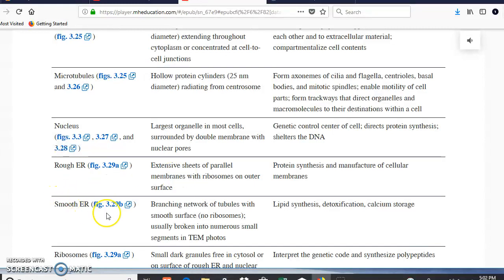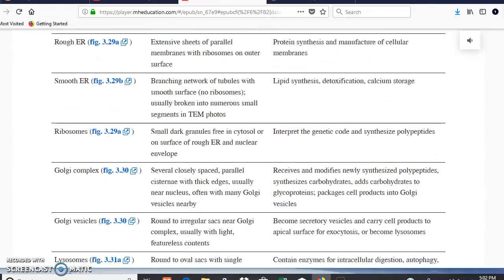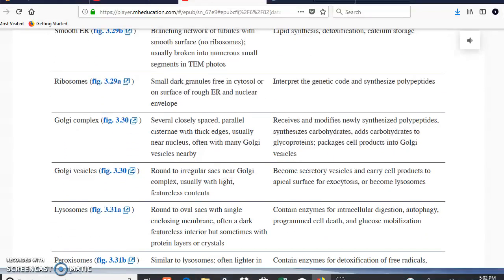We have a smooth endoplasmic reticulum that is related to lipid synthesis as well as detoxification. Ribosomes, we said that's the area where they produce the proteins. Golgi complex, they modify the structures that the proteins are going to have in order to release them.